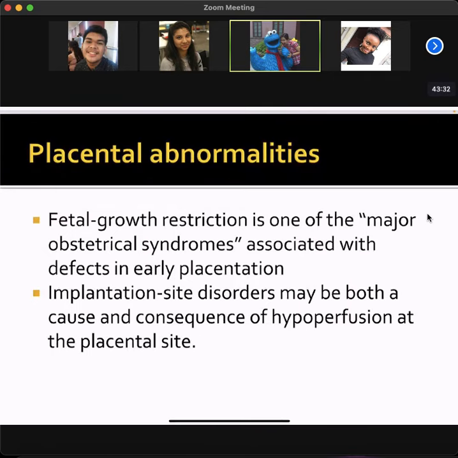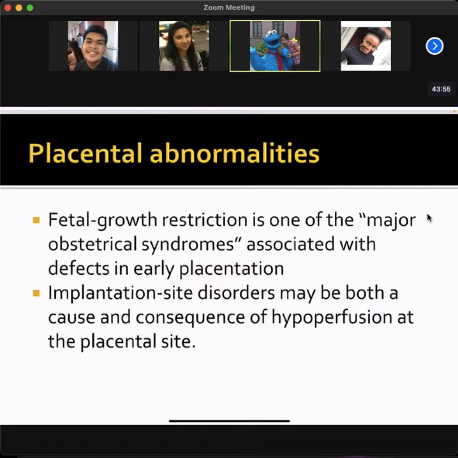Your placental abnormalities are one of the major causes of fetal growth restriction and are associated with early defects in placentation. You have your implantation site disorders that may be both a cause and a consequence of hypoperfusion at the placenta site.